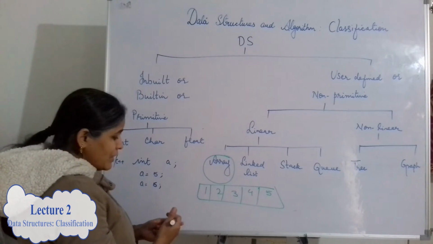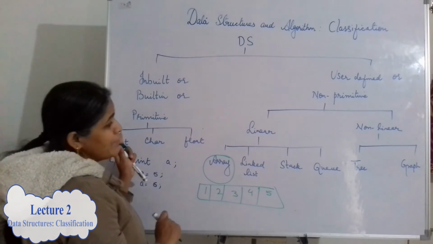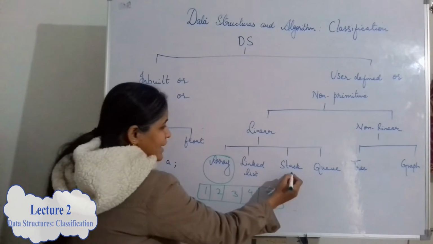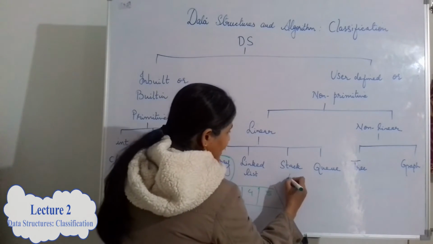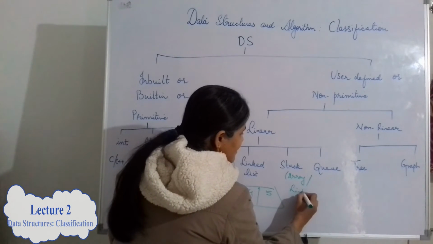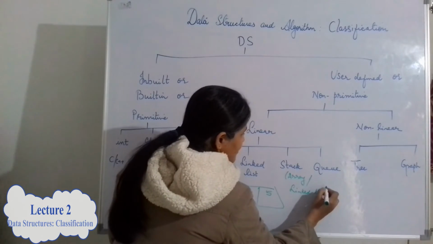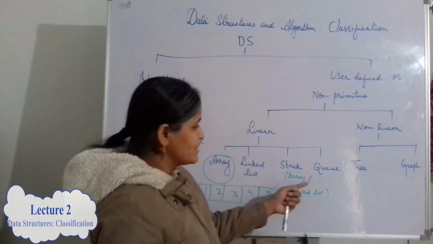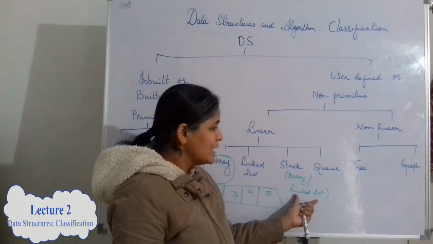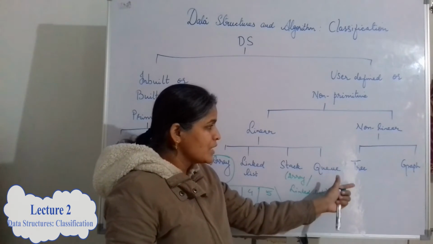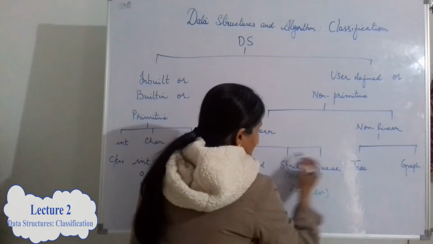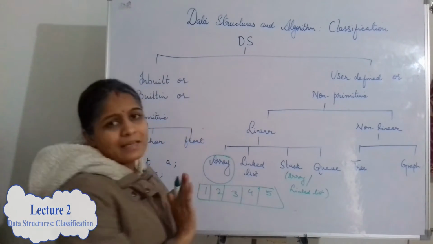Okay, similarly for linked list, we need to use these inbuilt or built-in data structures. For stack and queue, stack can be implemented with the help of array or linked list. We will see in the coming lectures how the stack is implemented with the help of array, how the stack is implemented with the help of linked list, similarly queue, tree and graph. These are the data structures which will be implemented with the help of array or linked list.